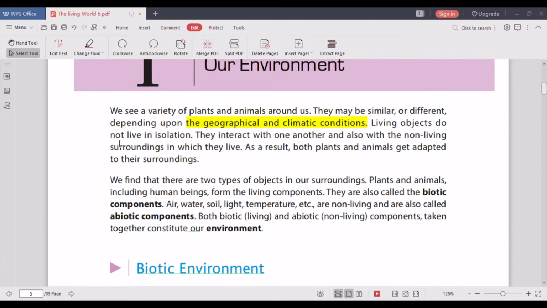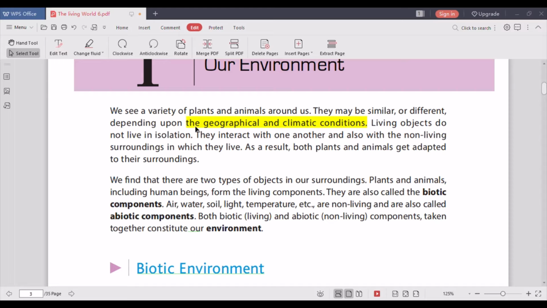Let's begin. We see a variety of plants and animals around us. They may be similar or different depending upon the geographical and climatic conditions.